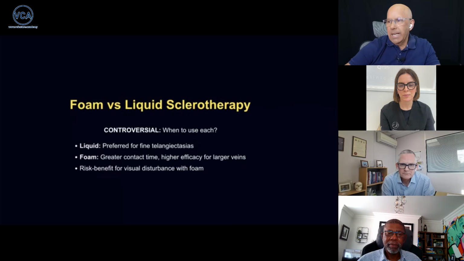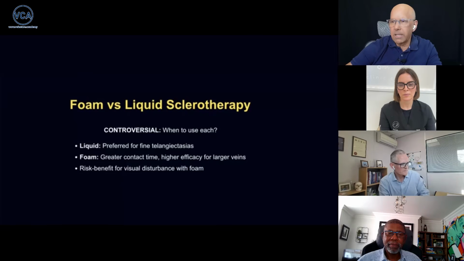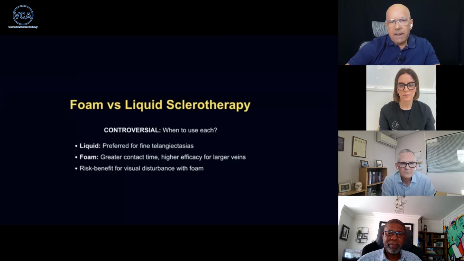It displaces the blood. It might be more efficient. I thought maybe there was an increased risk of visual disturbance, but you've corrected me there, Richard, so I'll remove that. I think there are advocates for both sides. Currently, liquid is the gold standard. It's licensed, and I think there's no pressing evidence to change to foam at the moment. I think that's a reasonable situation.